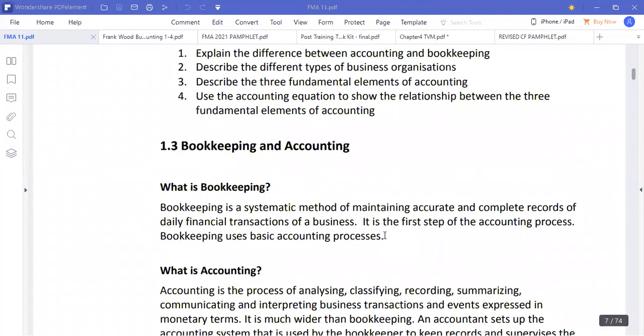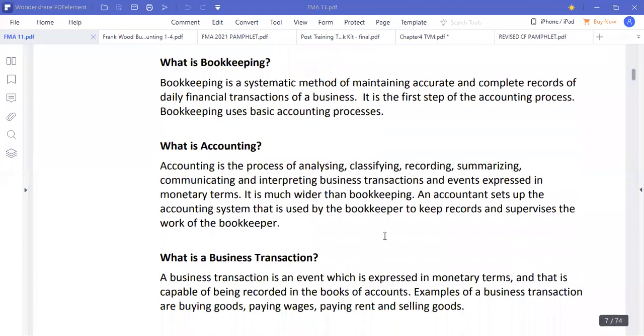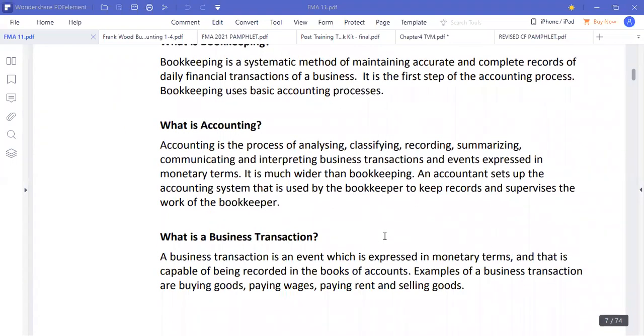So to start with, bookkeeping is simply a systematic method of maintaining accurate and complete records of daily financial transactions of a business. So the first step in the accounting process is bookkeeping. To start with, what is accounting?